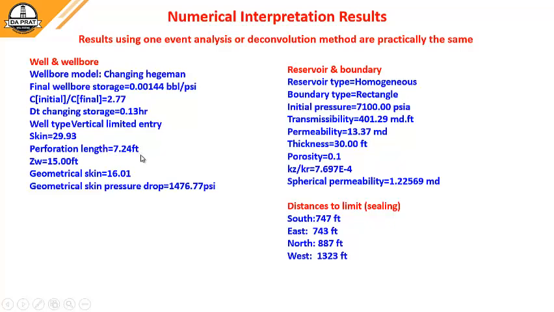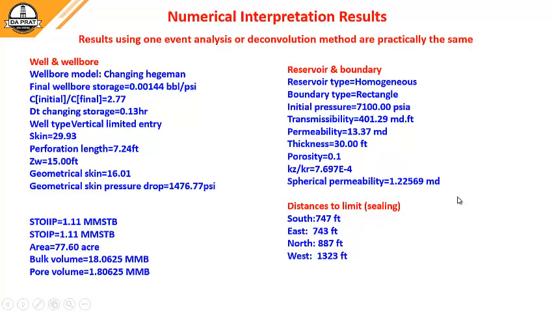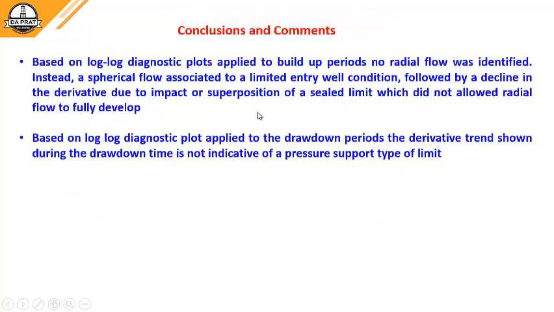Perforated length is a parameter you can regress, enter in regression until you get a good match. Permeability around 13 millidarcy. Other things are the distances to the limit: south, east, northwest is a reference. And another piece of information regarding stock tank oil in place.